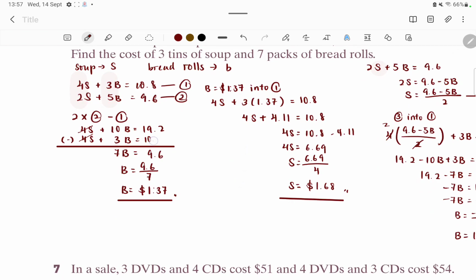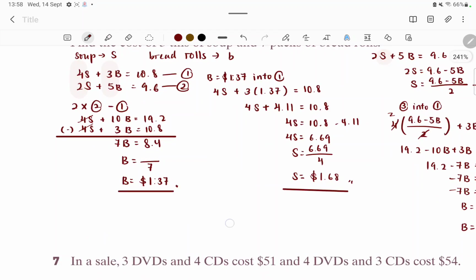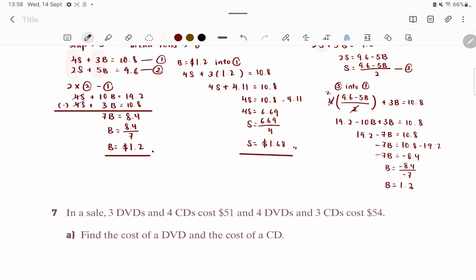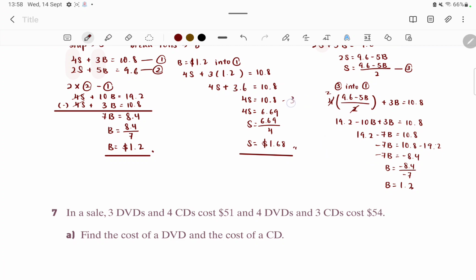Because this part is 10.8, and then this one you should get 8.4, so b is 1.2.